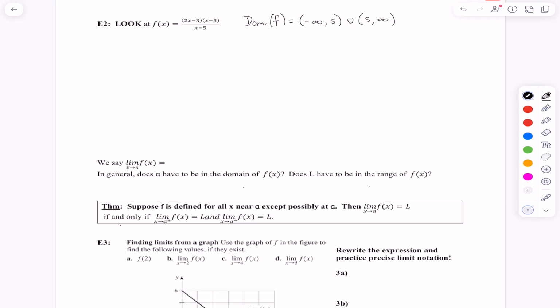Now what does this function really look like? This function looks like another function called g of x. And what is g of x? Well, g of x looks like 2x minus 3. But we have to remember, x cannot be what in our case? x cannot be 5. So why don't we go ahead and draw f of x.